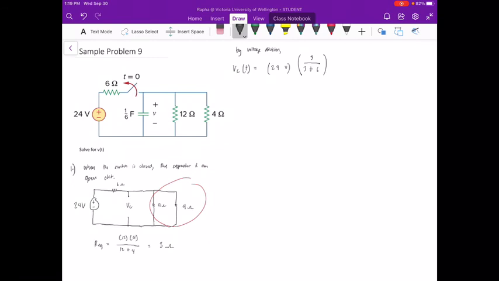So we have our Vc equal to 8 volts. Then the second part is, since at t equal to 0, the capacitor voltage does not diminish immediately.